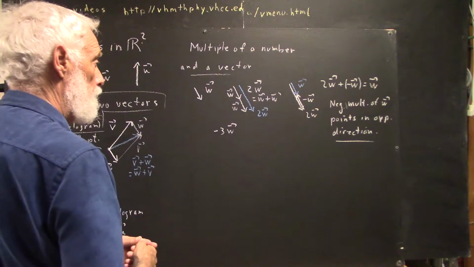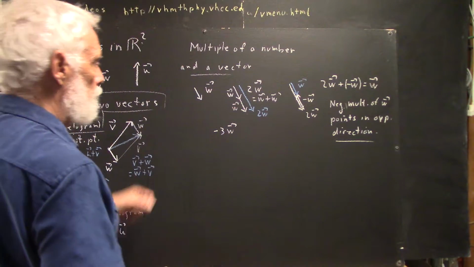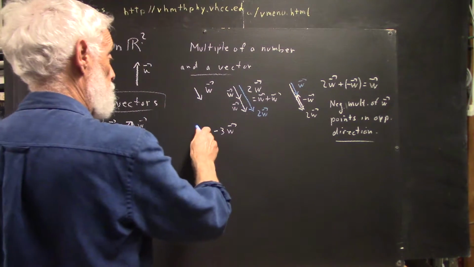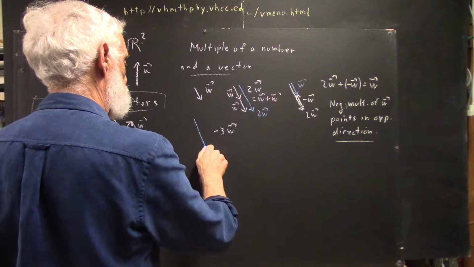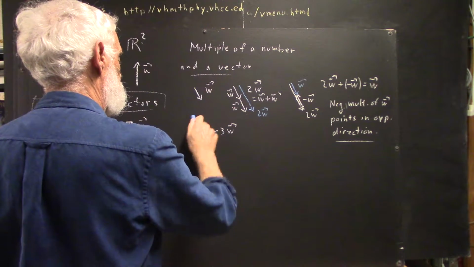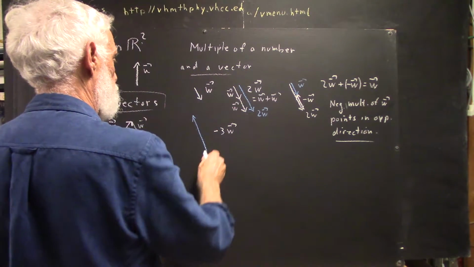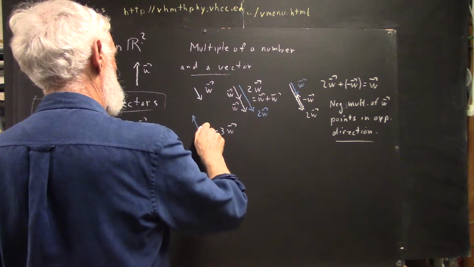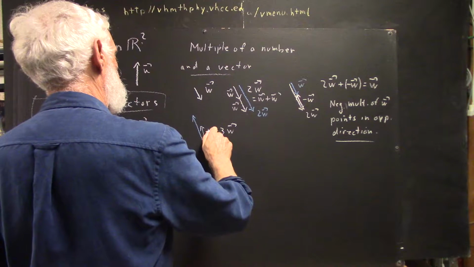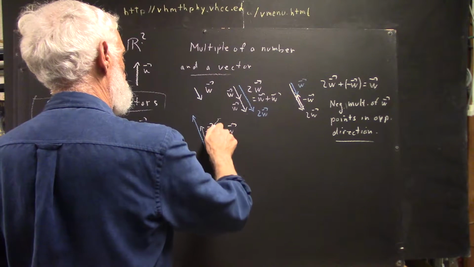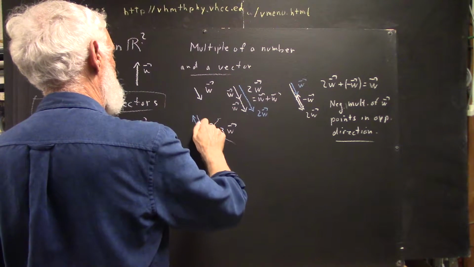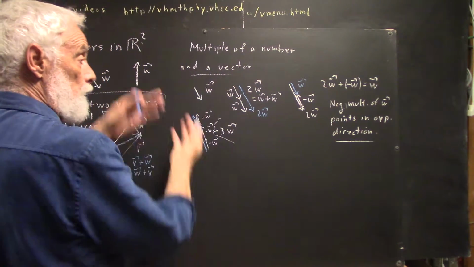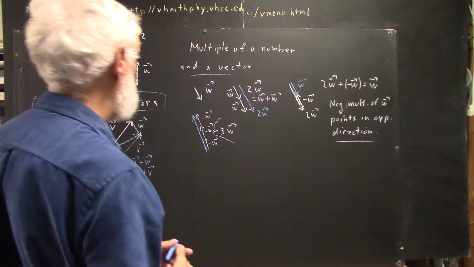Okay, how would I do that? Well, I draw a vector 3 times as long as W in the opposite direction. Okay, I would have a negative W and a negative W and a negative W. That would take me in the opposite direction.